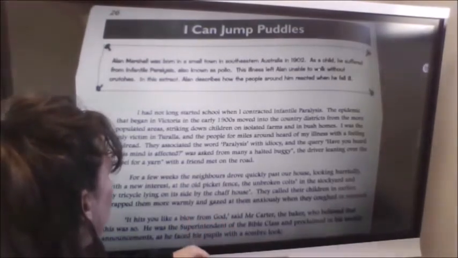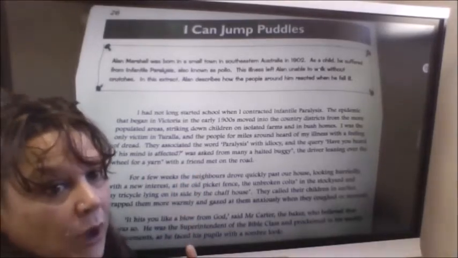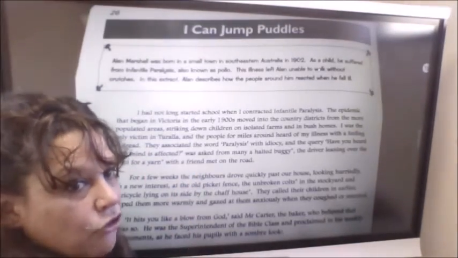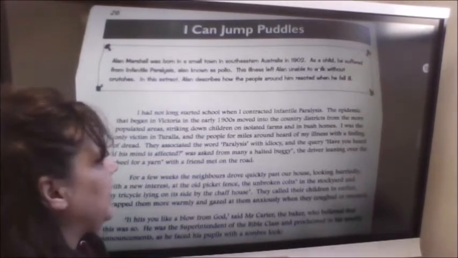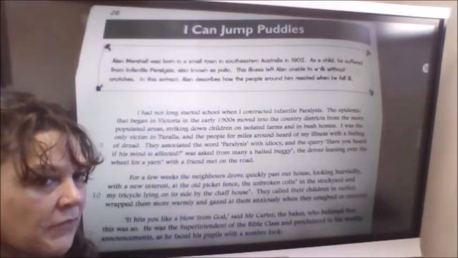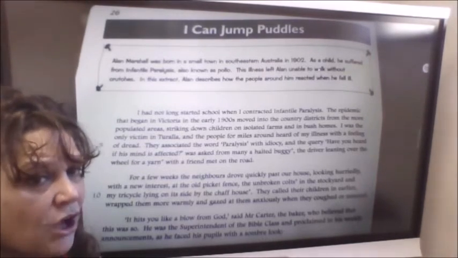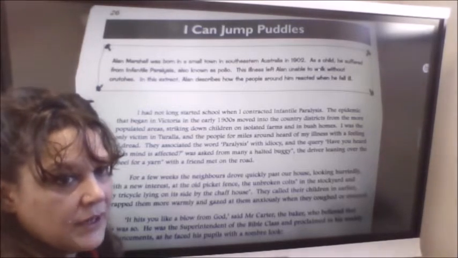"I was the only victim in Tarala." So where he lived, he was the only person struck down with it. "The people for miles around heard of my illness with a feeling of dread." I suppose it's a little bit like when you hear, oh, so-and-so has got coronavirus now.